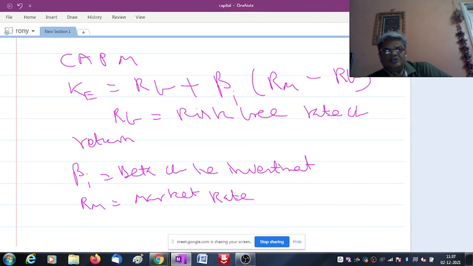So basically, these are the ways you can estimate the cost of capital. So far we have discussed cost of capital and cost of equity. In my next class, I will discuss all the other costs and the weighted average cost.